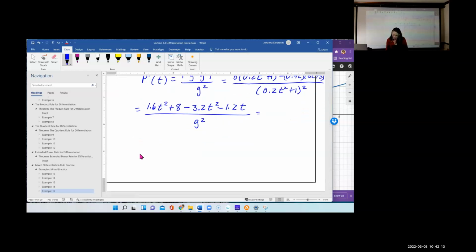Then the next thing that I would do is combine my like terms, which is negative 1.6t squared minus 1.2t plus 8, I think, all over (0.2t squared plus 1) squared.